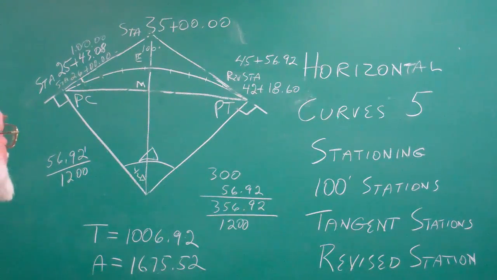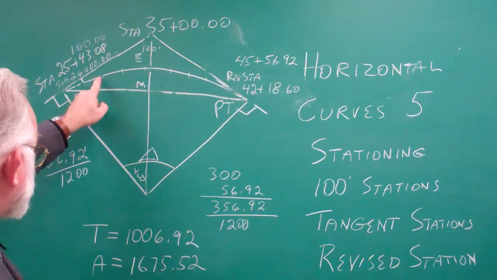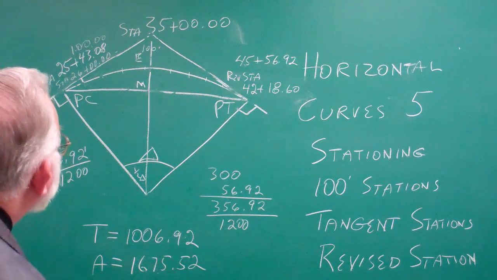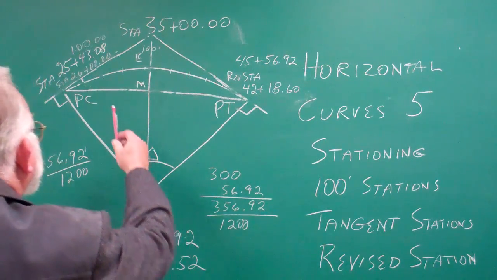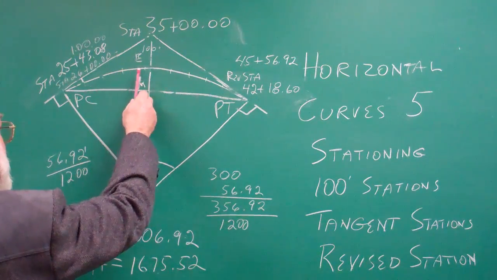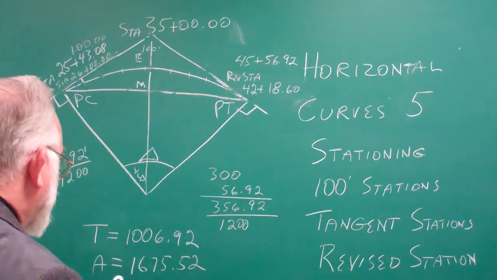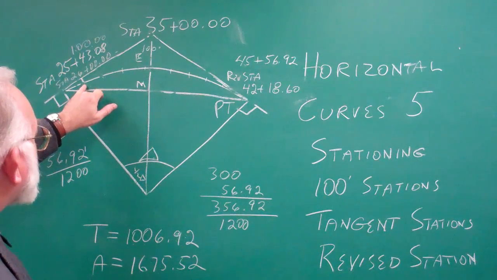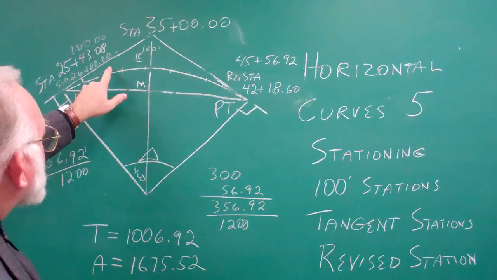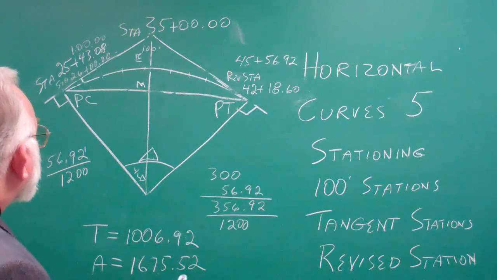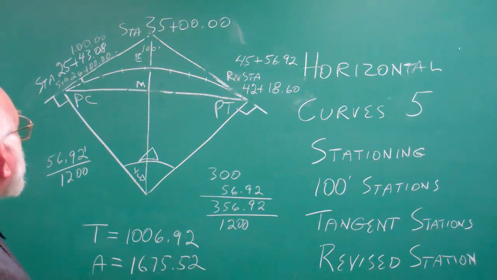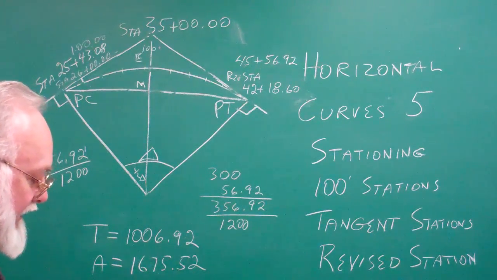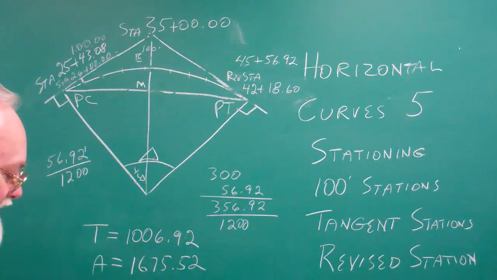Now, the contractor is probably not going to pay you to stake every 100 feet unless he's just rolling in money, which nobody is nowadays. So let's just say that he wants even station and then every 300 feet along the curve. All you have to do is add your arc lengths together. So he wants even station 26 plus 00, plus 300 feet, and add 300 to 56.92, and you get 356.92.